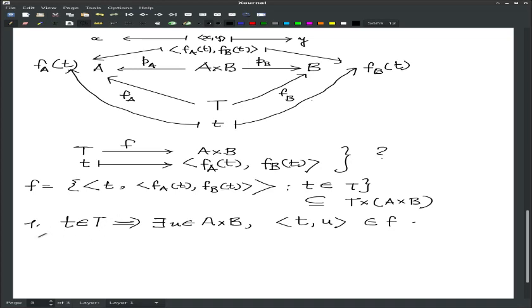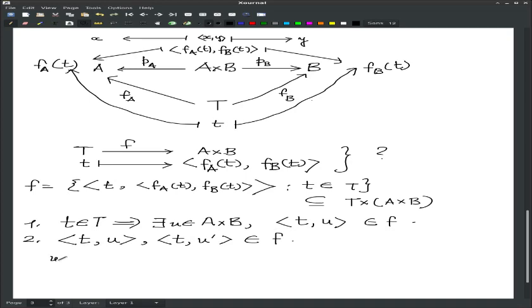Yeah? Now suppose t, u and t, u prime both belong to F. Okay? So then, suppose you have to show u is equal to u prime.